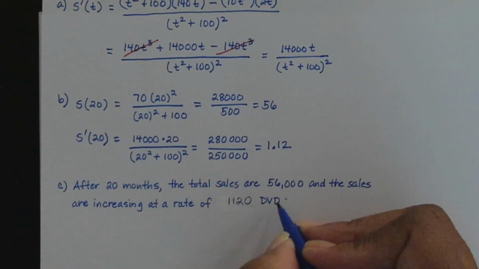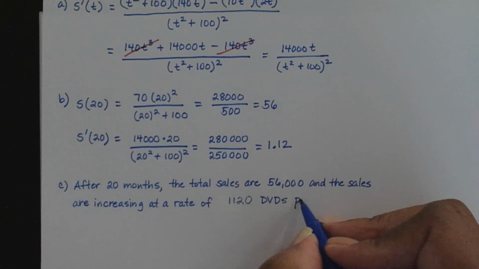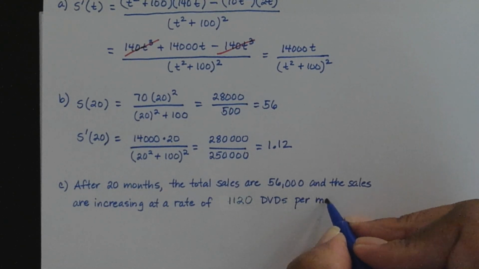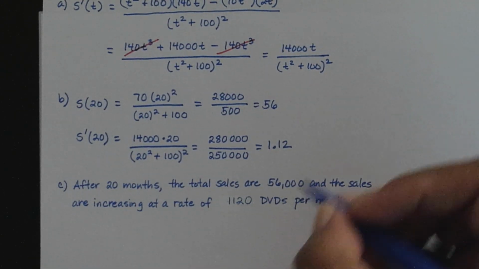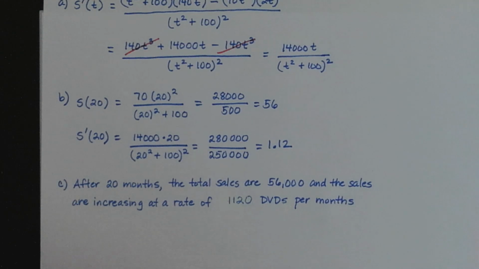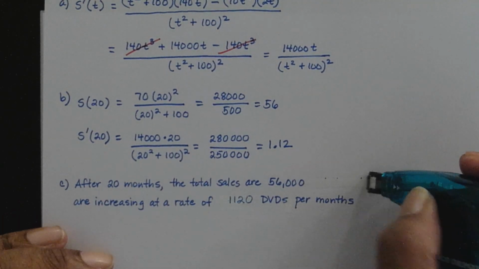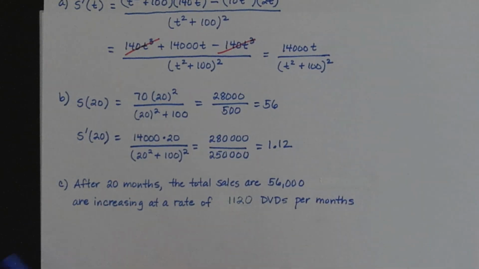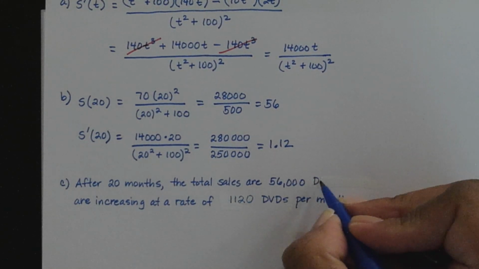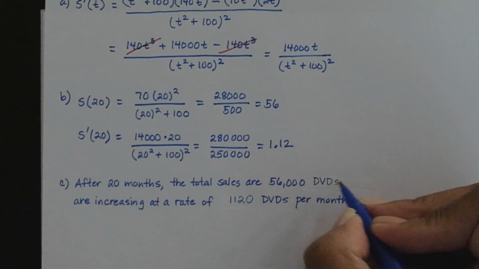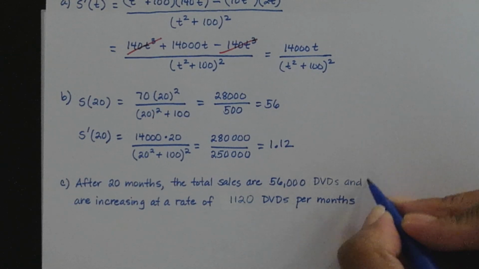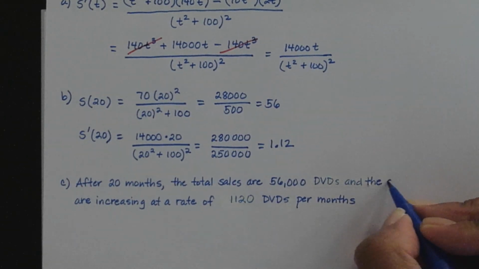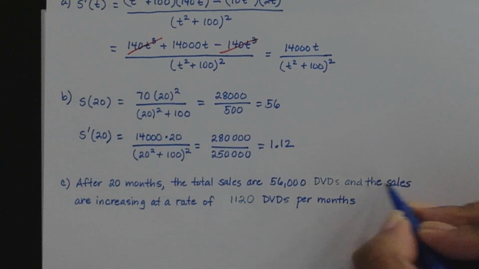So it'd be 1,120 DVDs per month. And that 56,000 means DVDs as well. So let me change that.